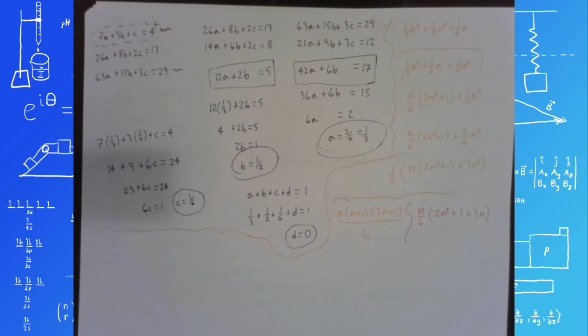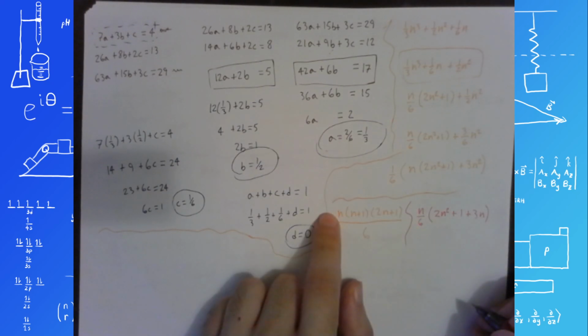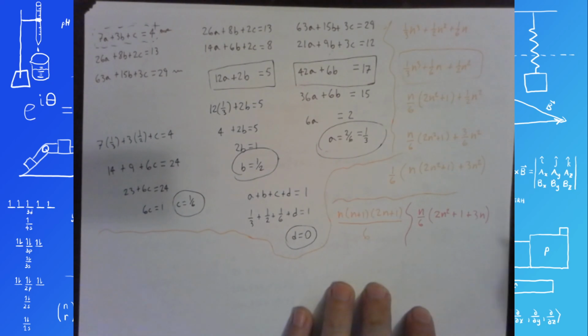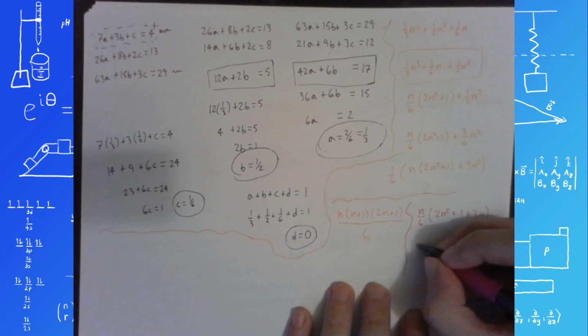I think I actually want to keep the n in there. Actually, no, wait. I don't need to keep the n in there because I have to have an n on the outside. So actually what I want to do is factor this. Yeah, hold on. I think I've got it.